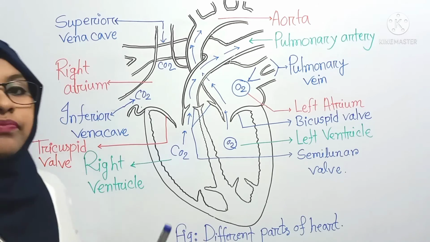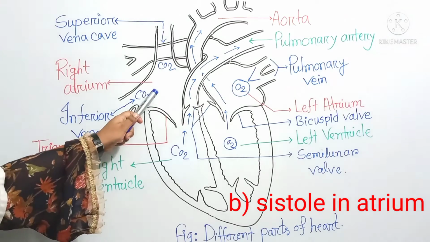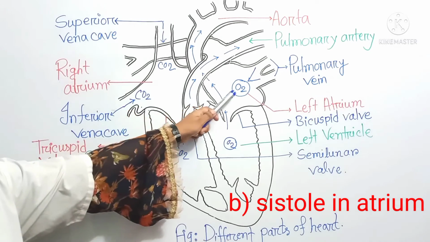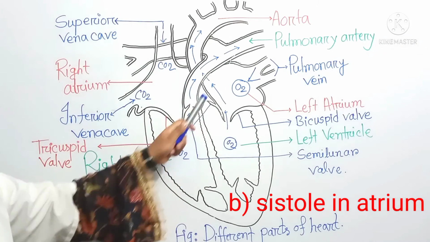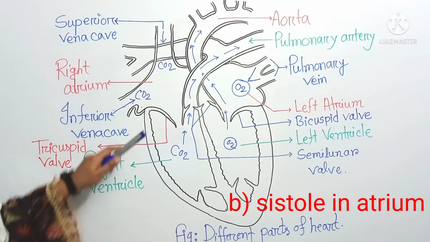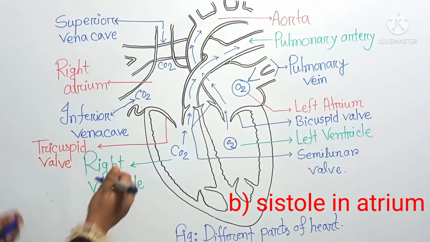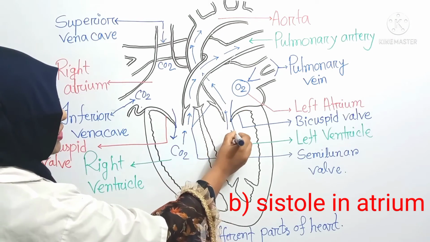Number 2, systole of atrium. When the atriums are filled with blood, they contract and the blood is sent to the ventricle.